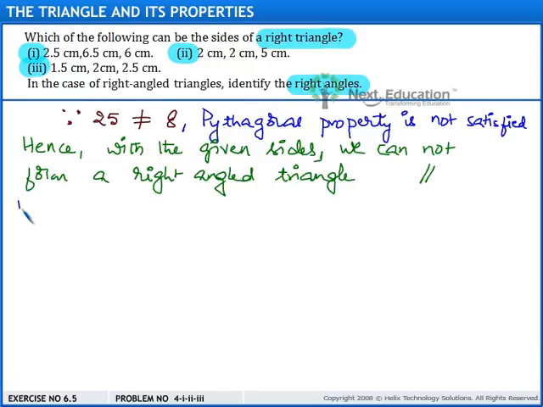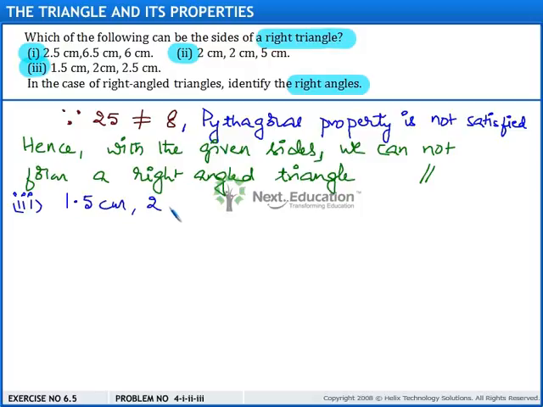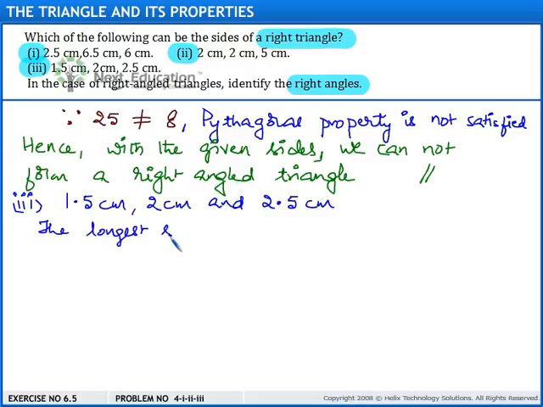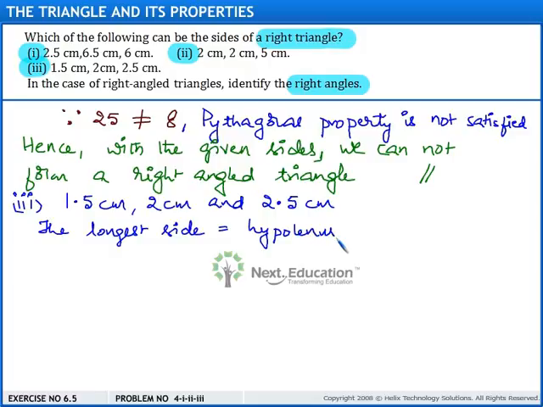Now, let us proceed with the next part of the problem. We are given the sides 1.5 centimeters, 2 centimeters and 2.5 centimeters. The longest side, which can be called as hypotenuse, in the above three is 2.5 centimeters.